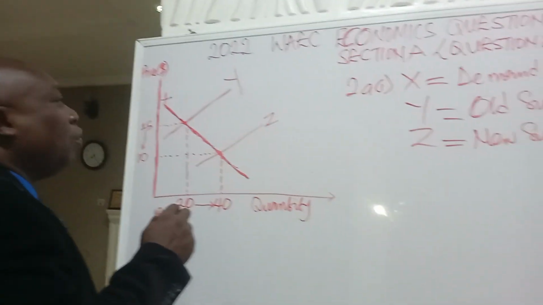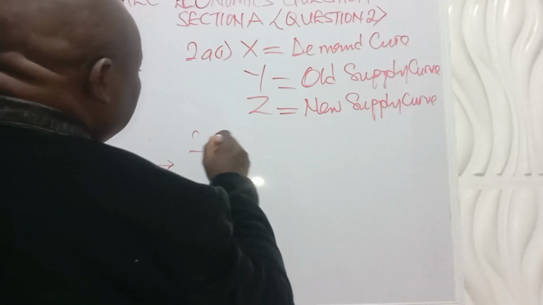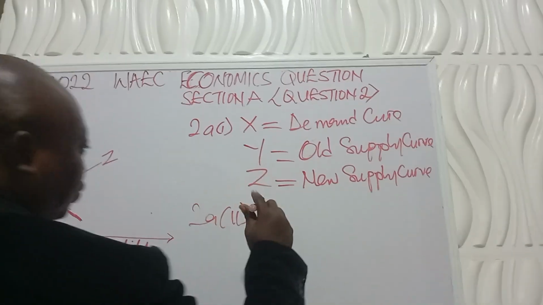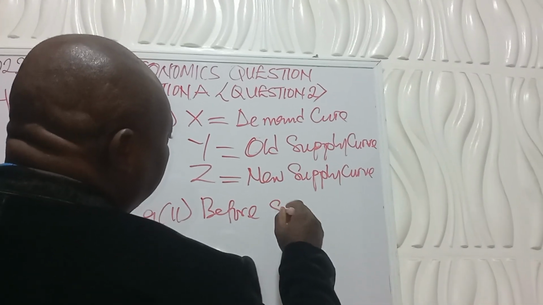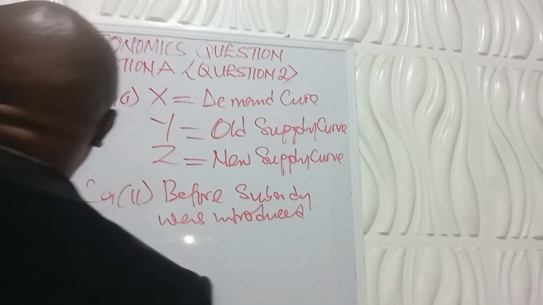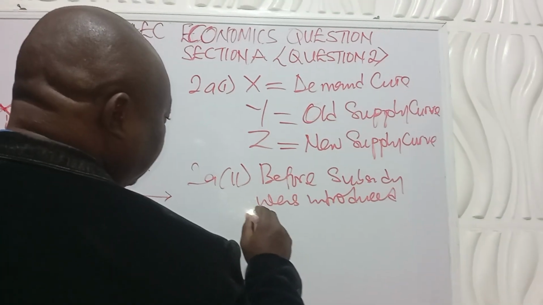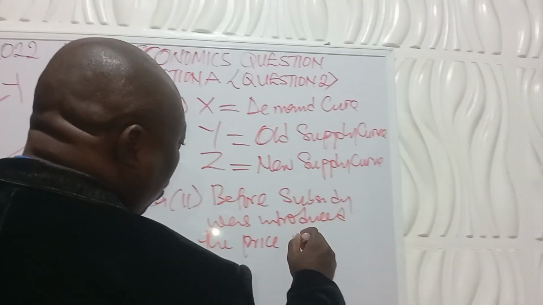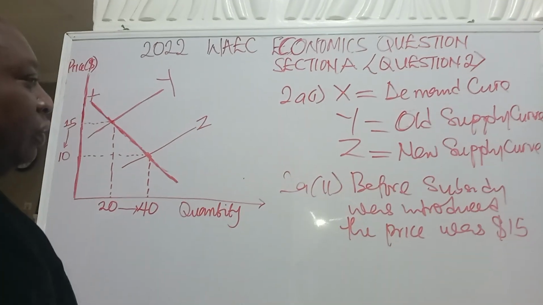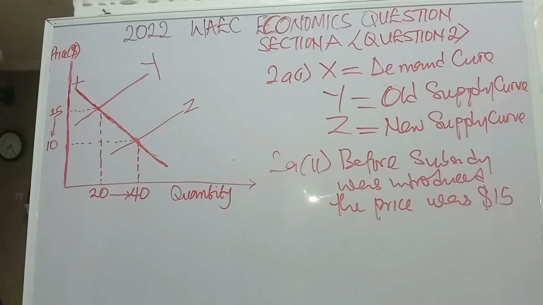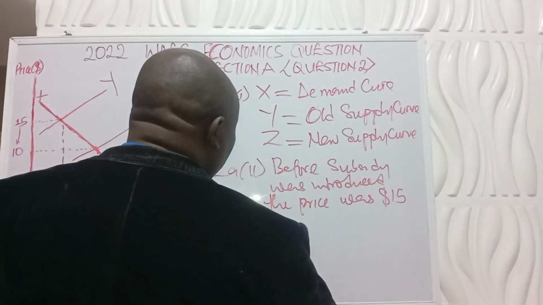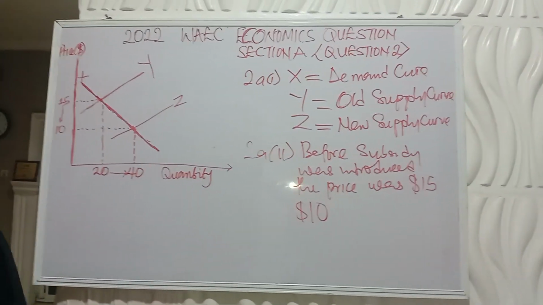Before the introduction of subsidy, the selling price was $15. Okay, so now as a result of the subsidy, the price reduced to what? To $10. The price reduced to $10.